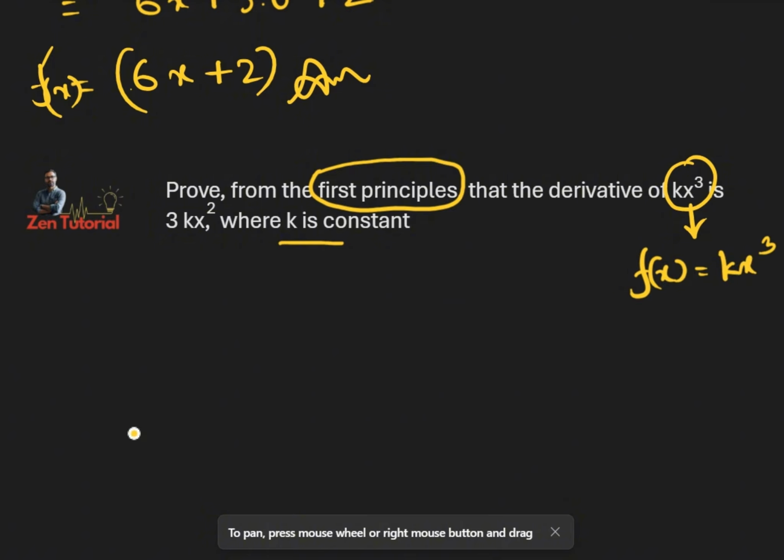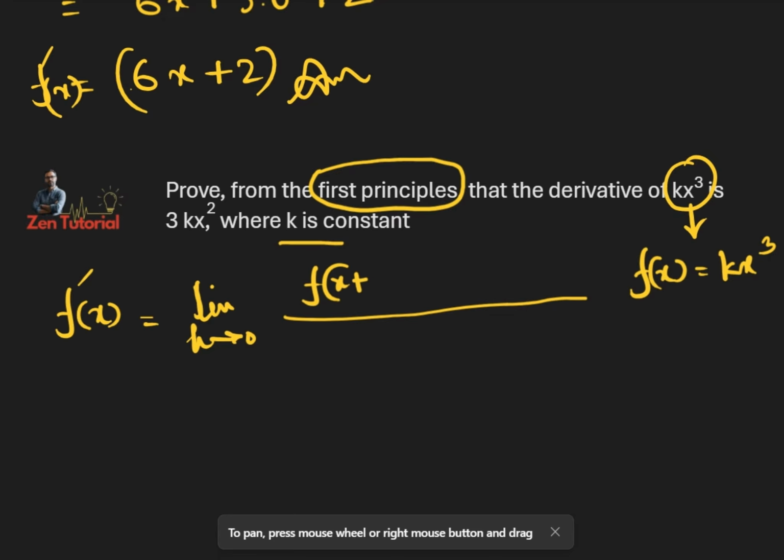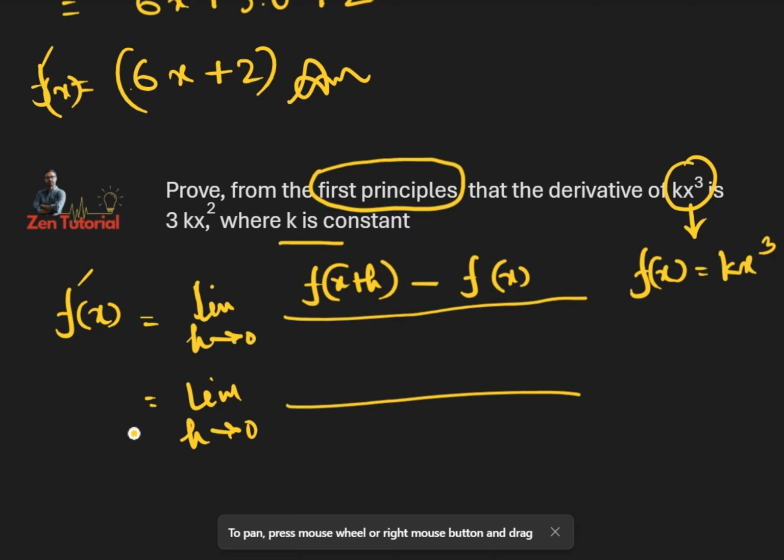So by the definition of first principle, which is used for the derivative, f prime of x is the limit as h tends to 0 of f of x plus h minus f of x, over h.